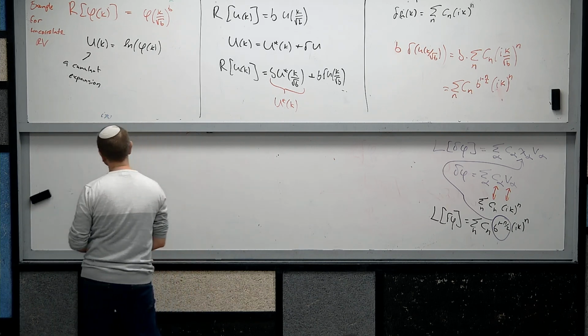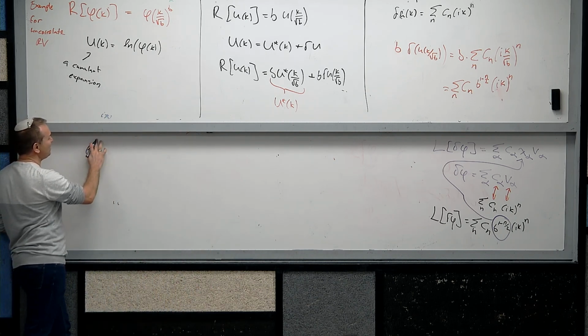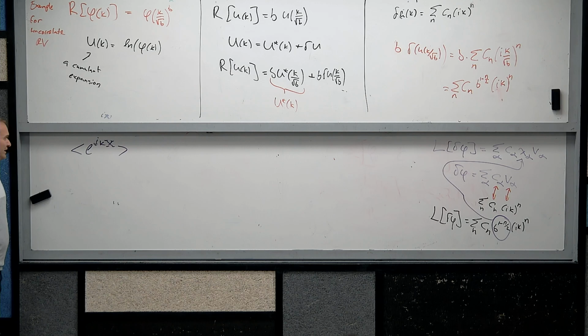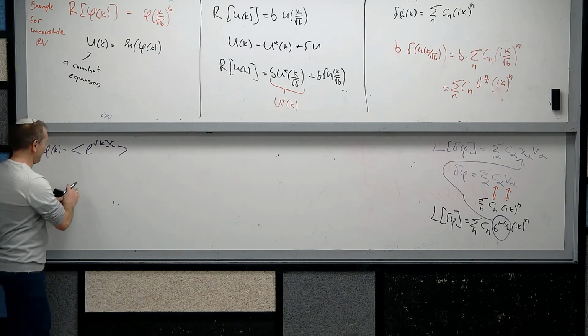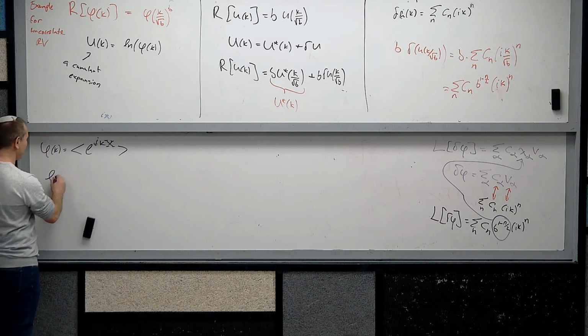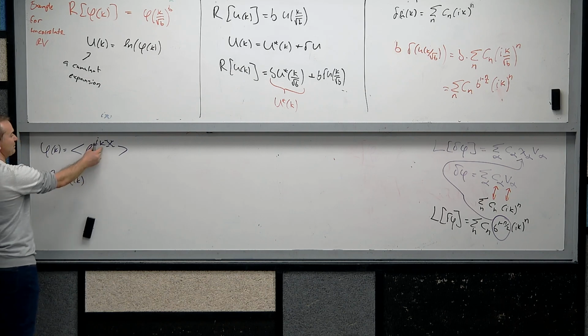No, but I can tell you that it is just e to the power i k x. This is phi of k, and I take a log of phi of k and then I expand it in powers of i k.